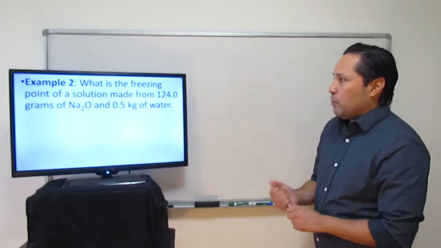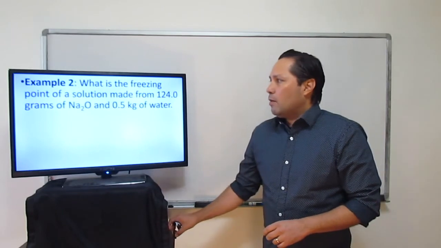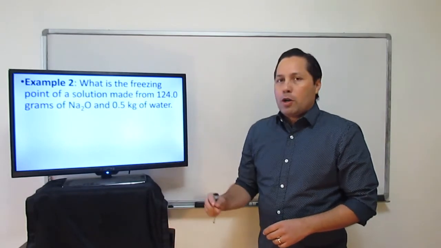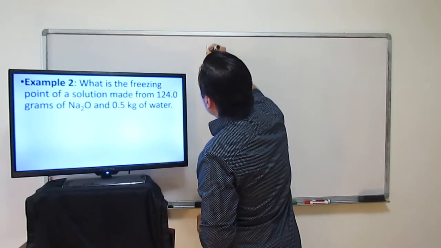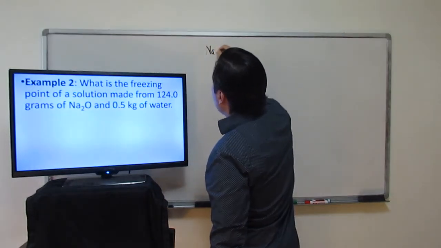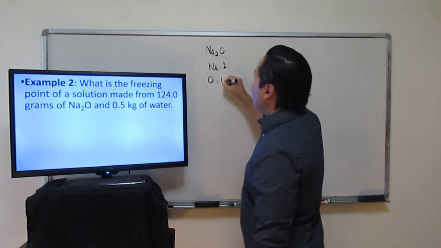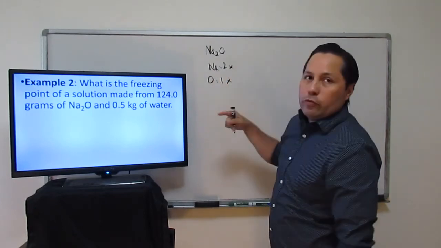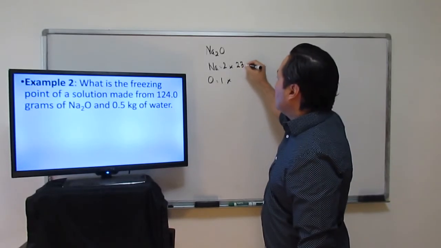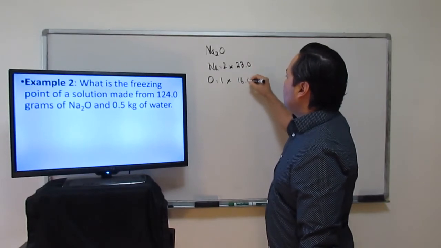So our very first part, I'm going to get the molar mass of the sodium oxide. Sodium oxide, Na2O, has 2 sodium atoms and 1 oxygen atom. The molar mass of sodium is 23 and oxygen is 16.